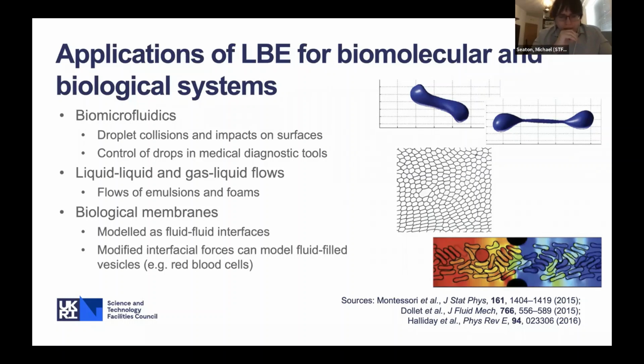So it means that with a bit of tweaking, we can use our fluid models to model things like fluid-filled vesicles like red blood cells. And as an example at the bottom here, flow of blood cells through a constricted channel. And that's basically a slight modification of the algorithm used to look at the drop that was sheared before.